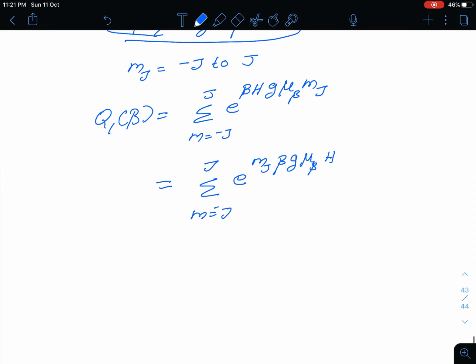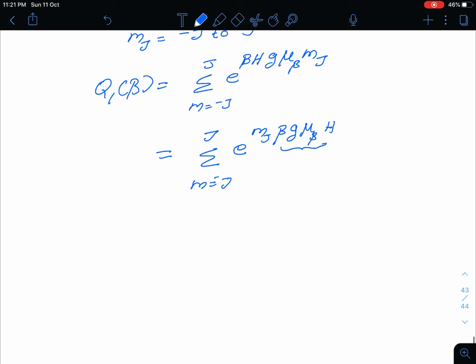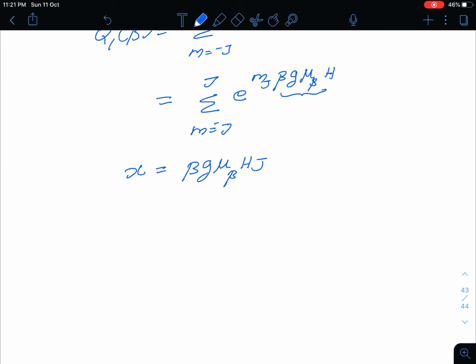Now ഇത്രയും എണ്ണത്തിനെയും multiply by j ചെയ്ത് ഞാൻ x എന്ന് വിളിക്കുന്നു. That means let x is equal to beta g mu B h j. ഓക്കെ, h j എന്തിനാണ് അതൊക്കെ എന്നുള്ളത് നമുക്ക് വഴിയെ മനസ്സിലാവും. Okay, so now what happens? നമുക്കിത് തിരിച്ചിട്ട് നോക്കാം. So ഇത് ഞാൻ എക്സ്പാൻഡ് ചെയ്യാൻ പോവാണ്.